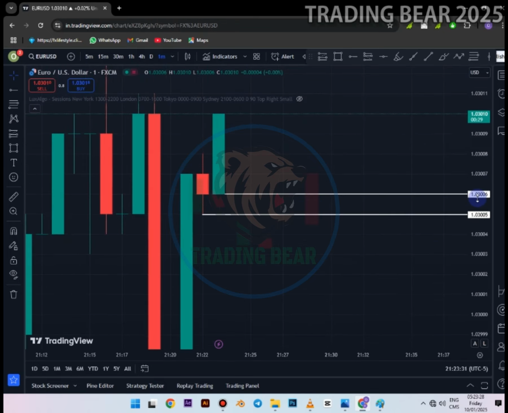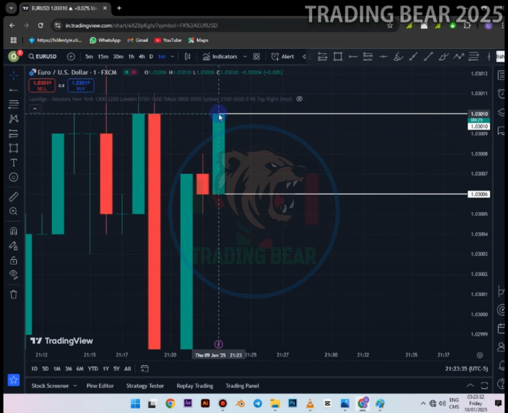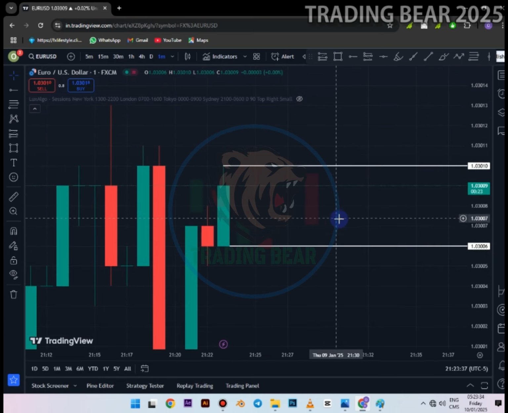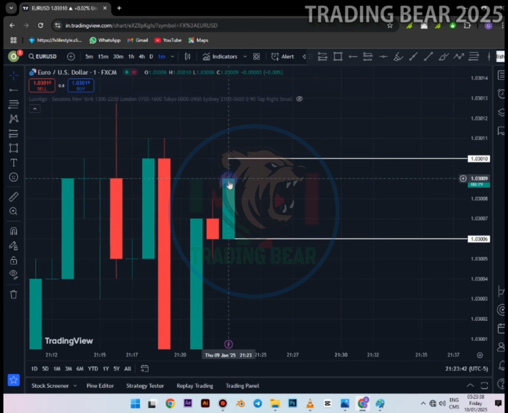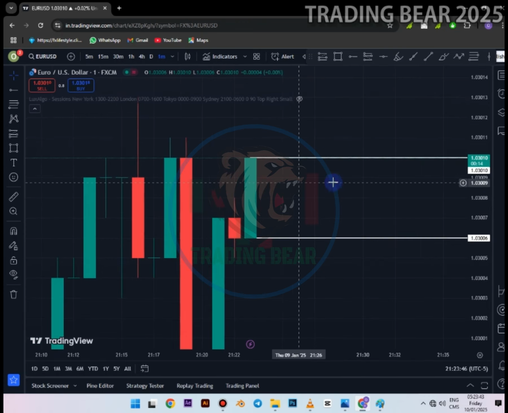We have it being bullish. If it retraces back, it will leave a wick here. See what I told you? This volume here. Okay, here we go.